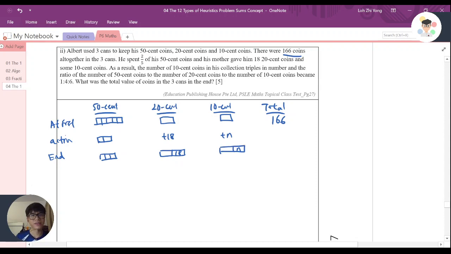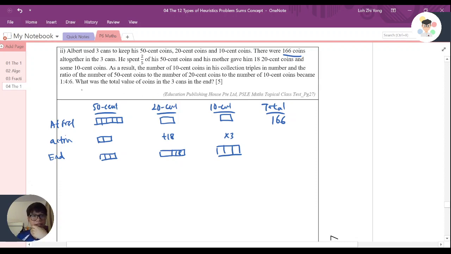As a result, the number of 10-cent coins in his collection triples in number. Although they didn't give us the value here, I know it will be 3 times the original value.